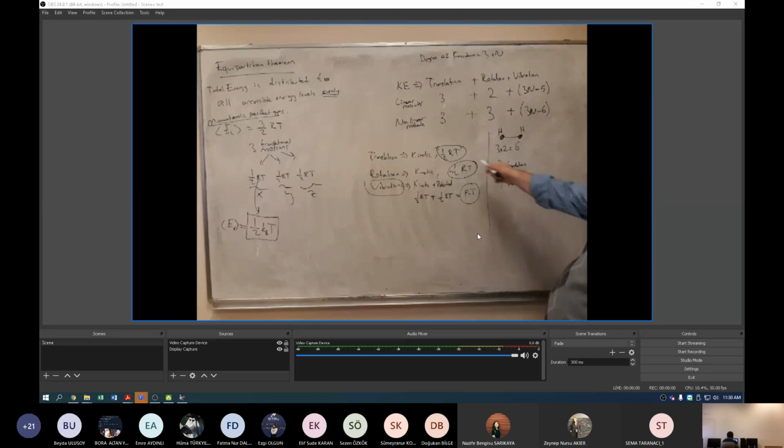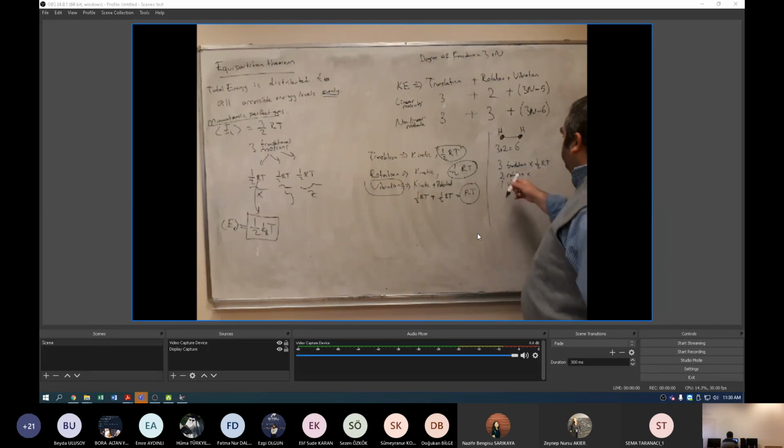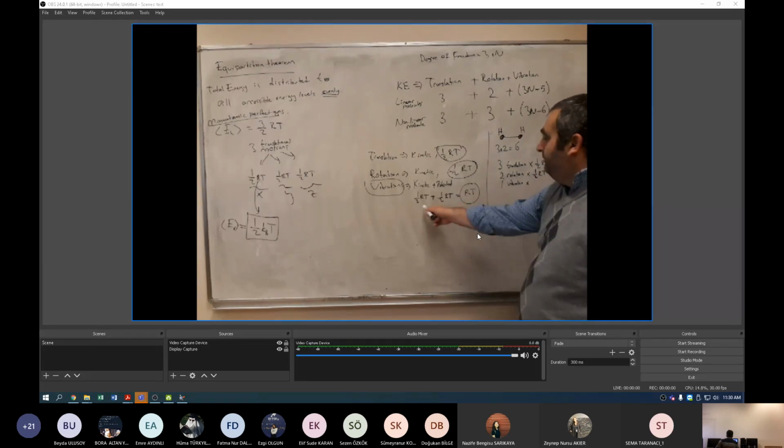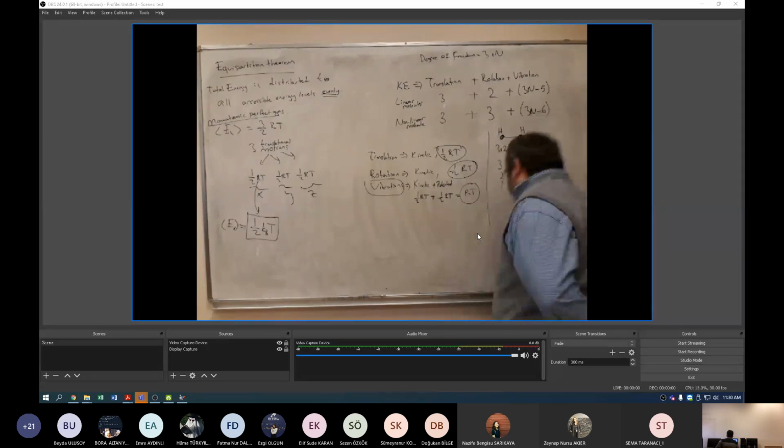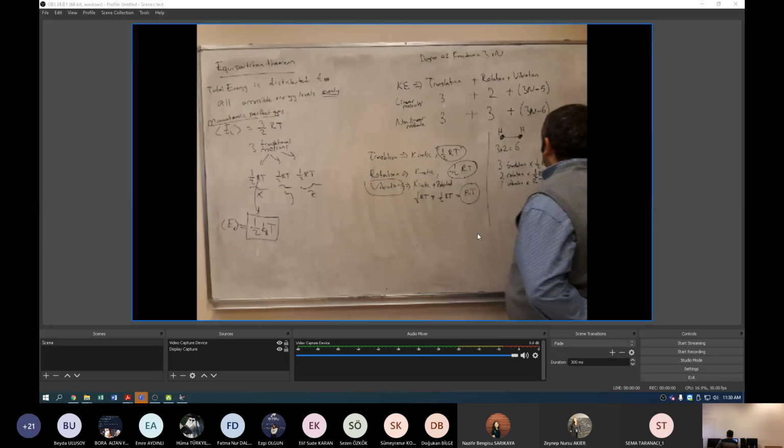So for each translation, there will be 1 over 2 RT contribution as the energy. For each rotation, there will be 1 over 2 RT. For each vibration, direct RT, let me put RT.